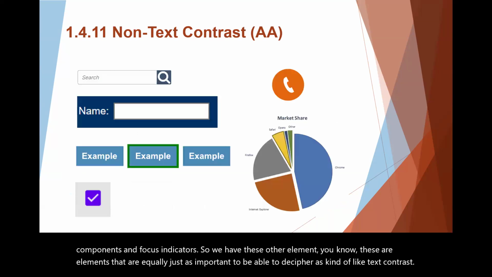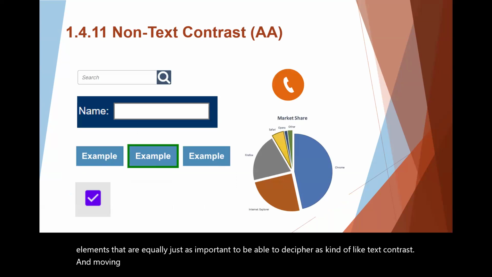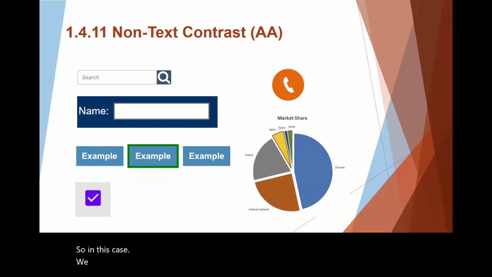And moving on, here are some of my examples. In this case, I've got 6 examples of non-text contrast, and then I'll explain what it is we're specifically talking about.